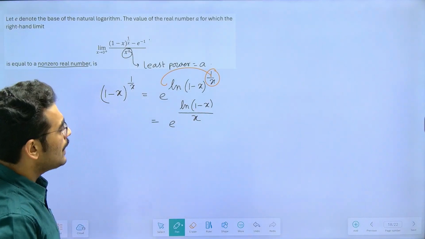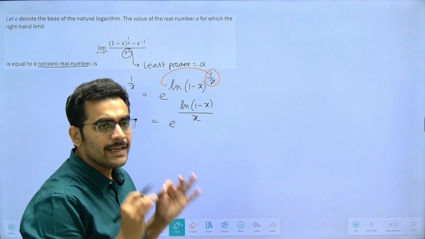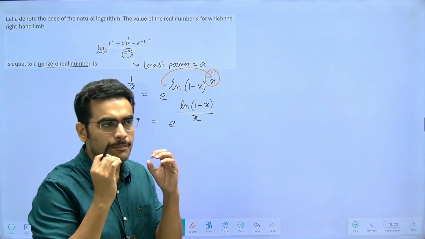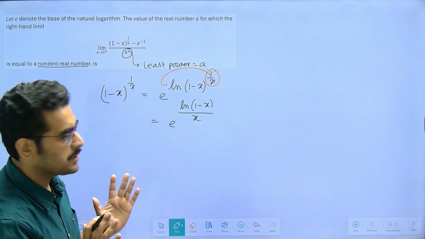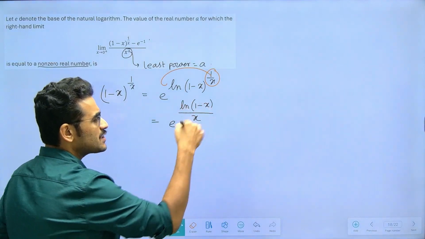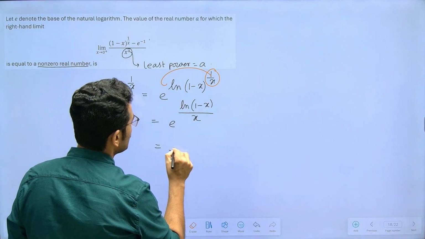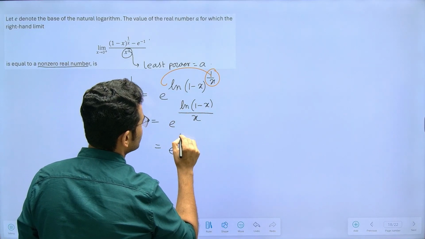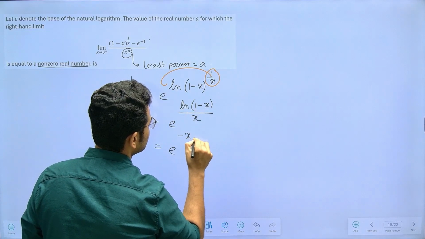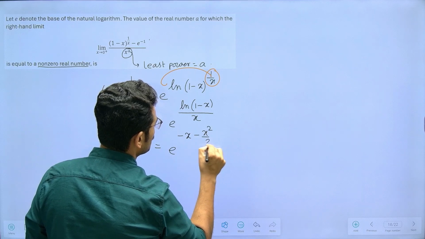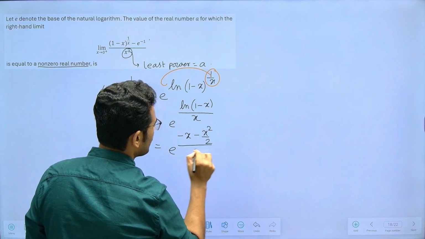We need the linear approximation, the basic approximation of the function, so we will use the expansion of ln(1 minus x). ln(1 minus x) is minus x minus x square by 2 and higher powers, divided by x.